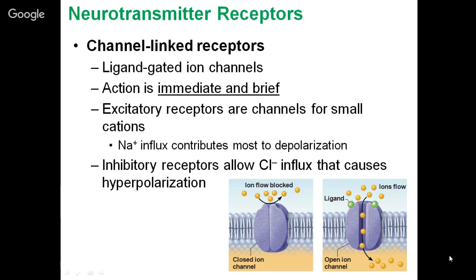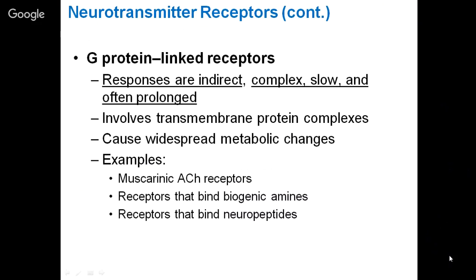Excitatory receptors are channels for small cations, such as sodium ions. Sodium ion influx leads to depolarization. And inhibitory receptors allow chloride ion influx that causes hyperpolarization.